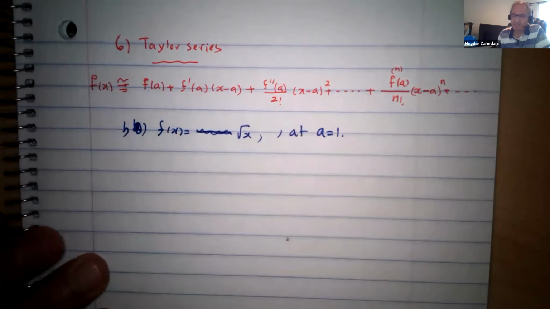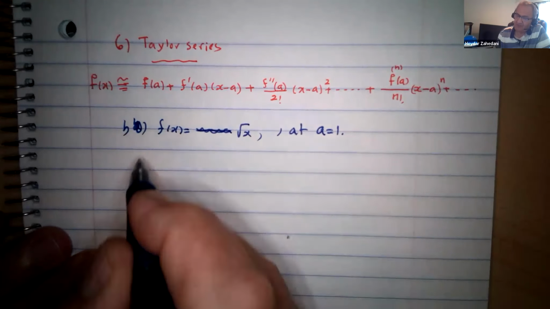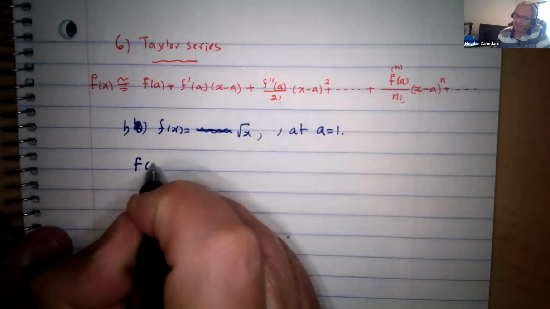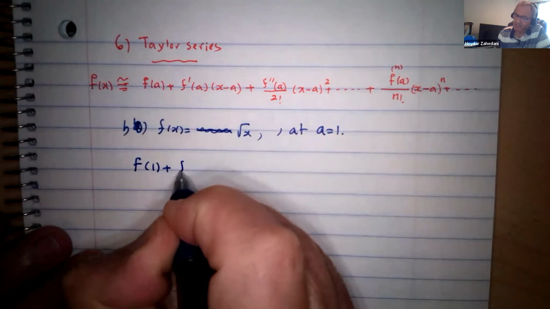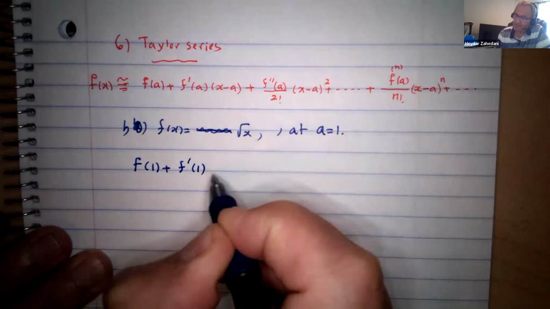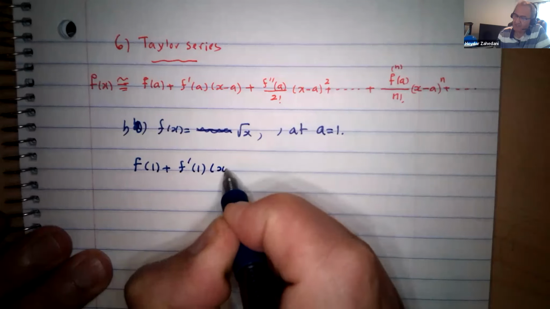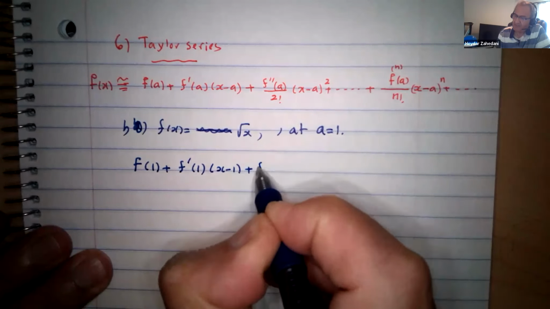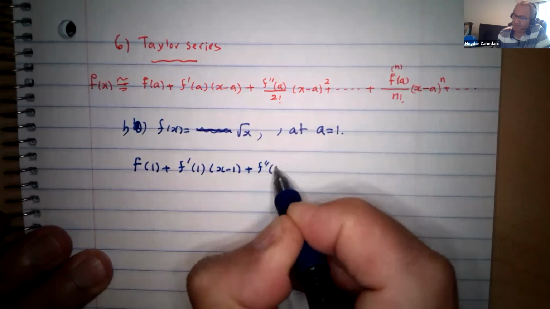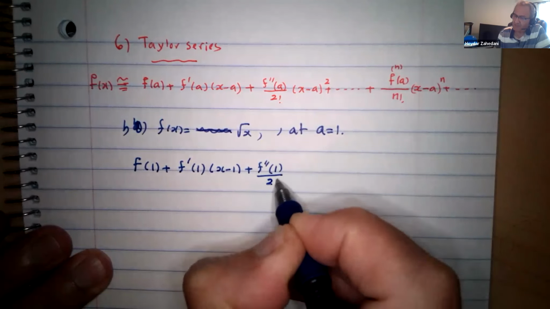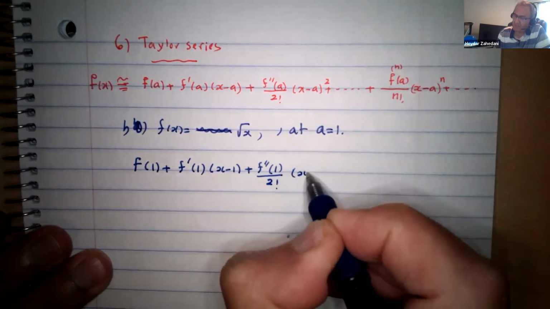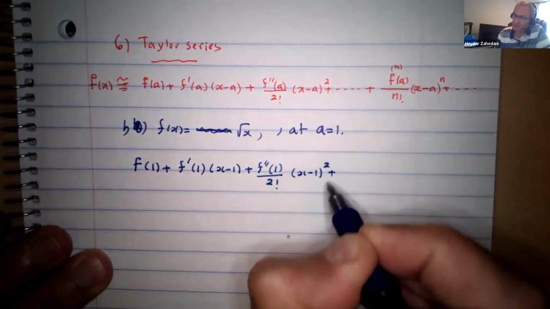Write the formula first. Your first term would be f of 1. Your next term is going to be f prime of 1 times x minus 1. The next term is going to be f double prime of 1 over 2 factorial times x minus 1 squared.